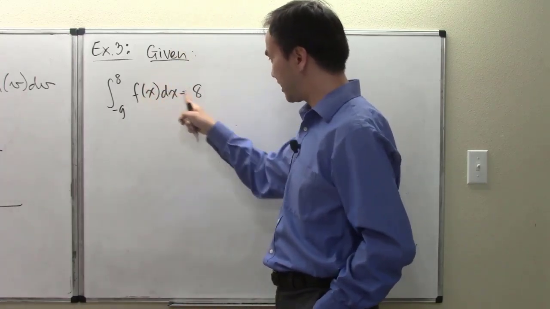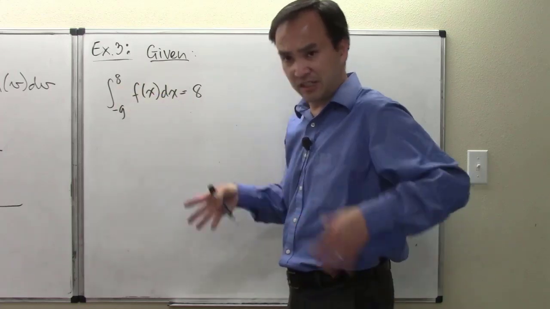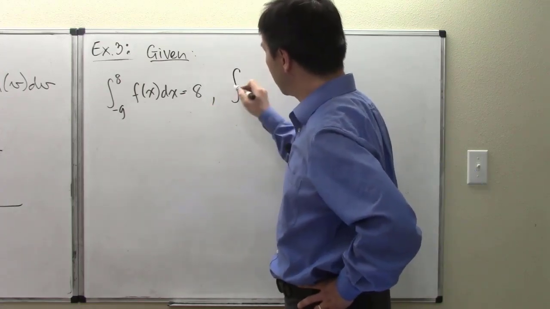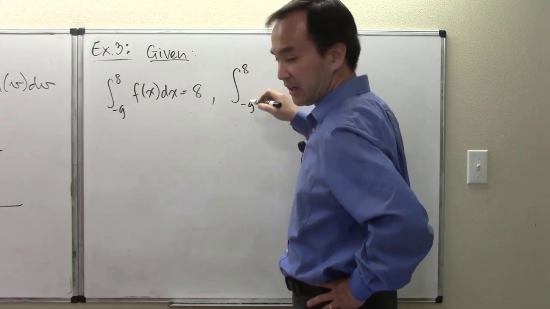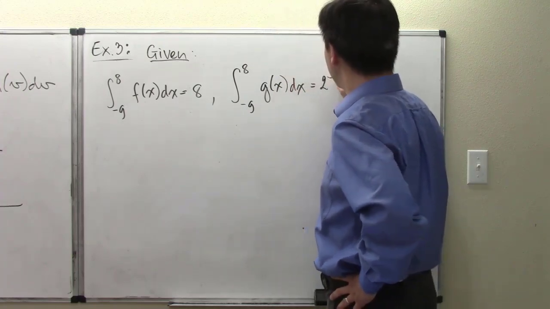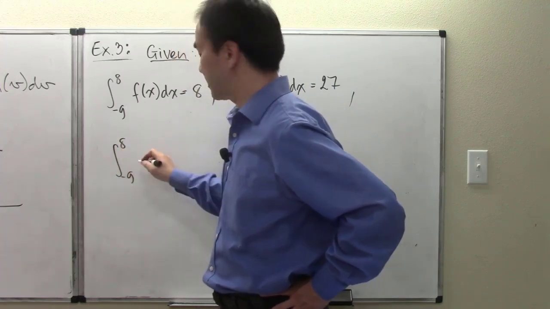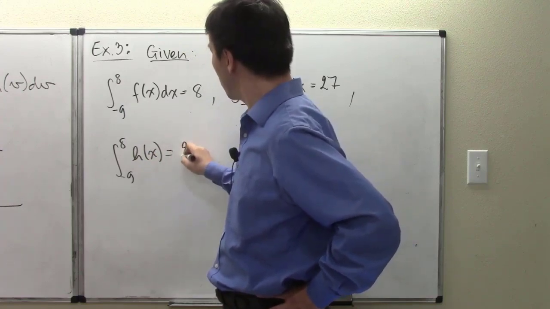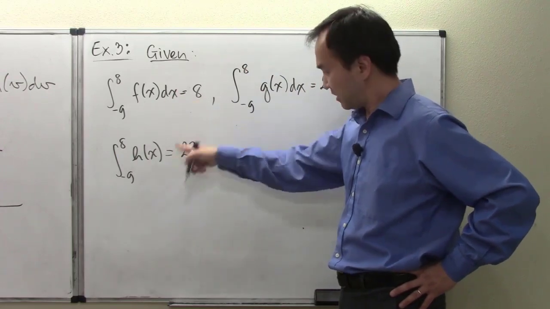We already have a known value for that, so we don't even have to worry about how this was done, because we don't even know what that function f of x is. Then we are given another known definite integral from -9 to 8 of g of x, which was 27, and a third one right here, -9 to 8 of h of x, which was known to be 23. So these are all three known definite integrals.